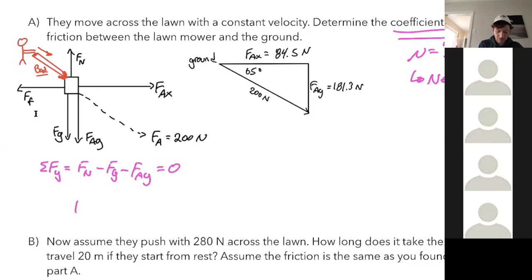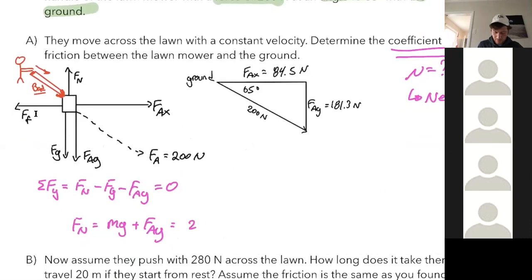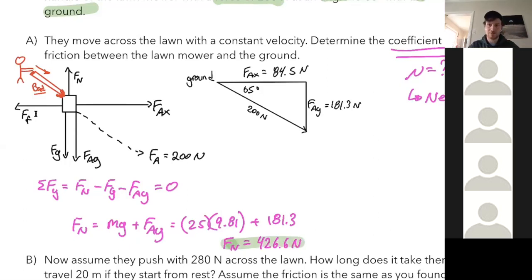Solving for our normal force, Fn equals mg plus FAY, which is our mass of 25 times 9.81 plus 181.3 newtons. We get a normal force of 426.6 newtons. Again, highlight, not the answer, but it's our normal force. We're making this a huge normal force compared to what gravity would be on its own.